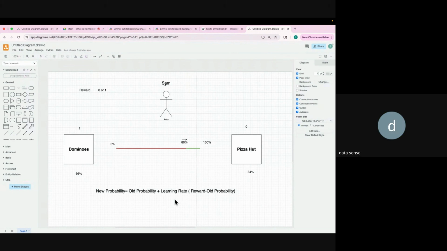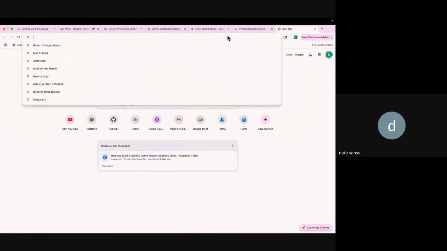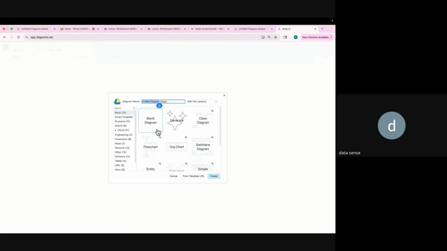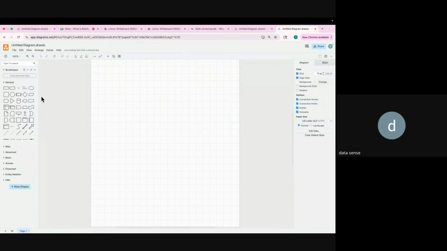Let me tell you a very simple example of this. Suppose you are generating an article through ChatGPT.